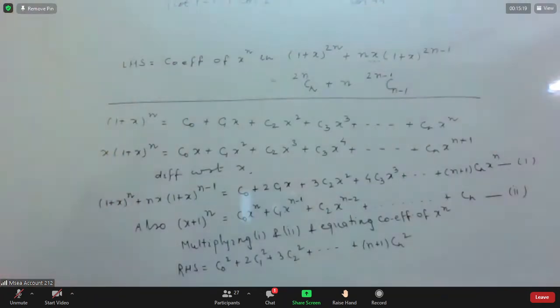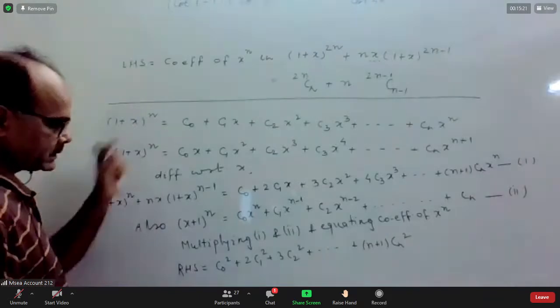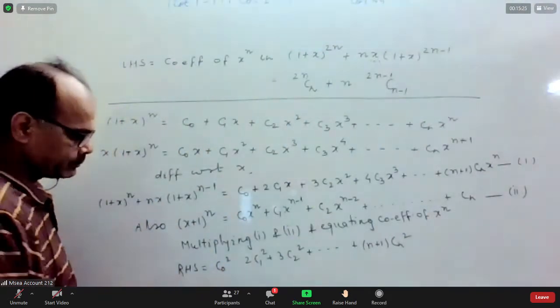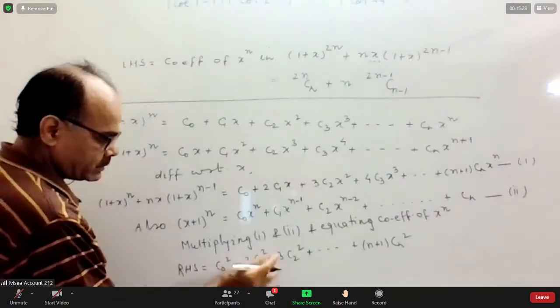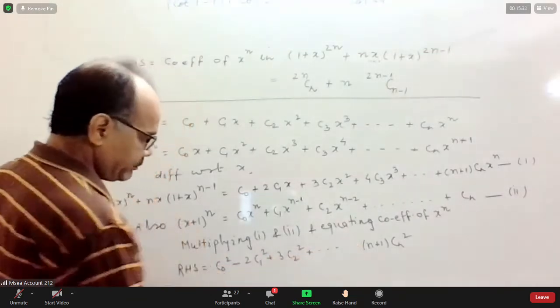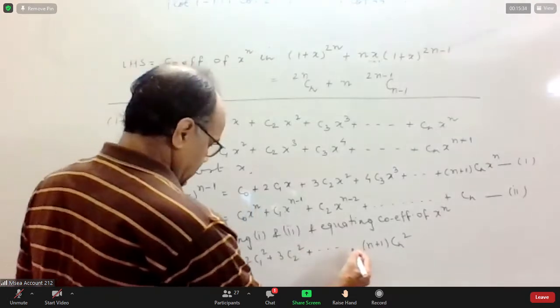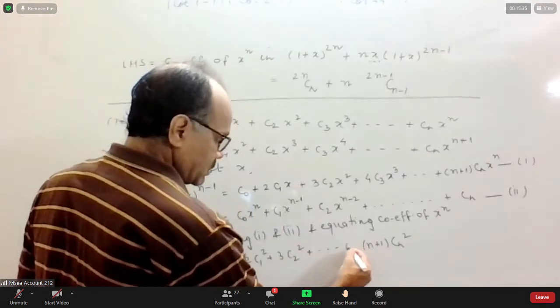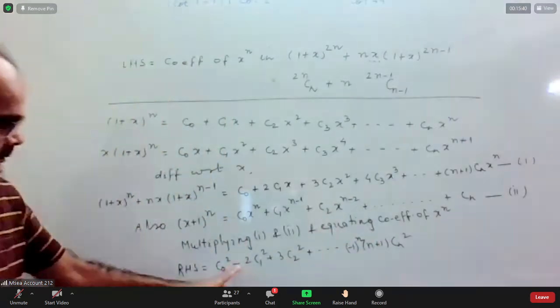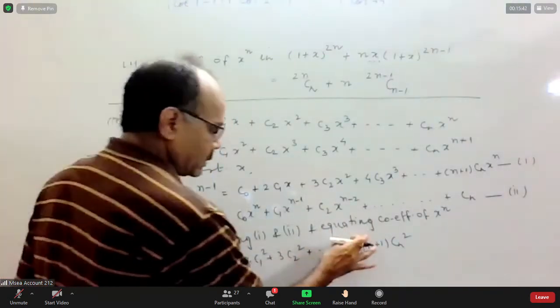Now I'm rubbing it. Suppose I want the value of C0 square minus 2C1 square plus 3C2 square and so on, up to minus 1 to the power n minus 1.